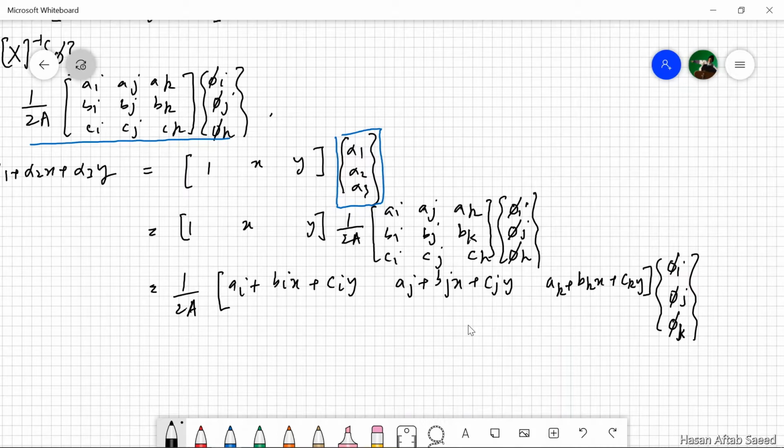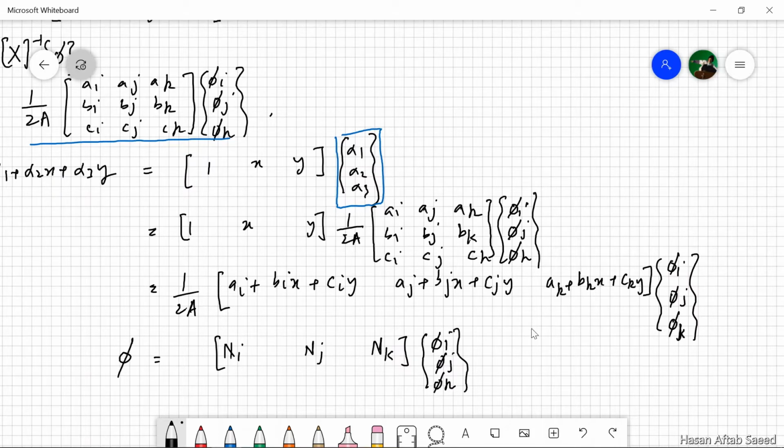Or we can say, like we did in the case of 1D simplex element, Ni, Nj, Nk, phi i, phi j, phi k, and this gives us the value of phi.